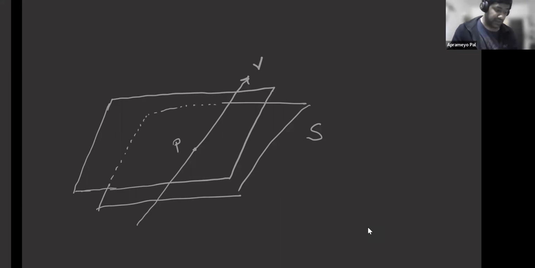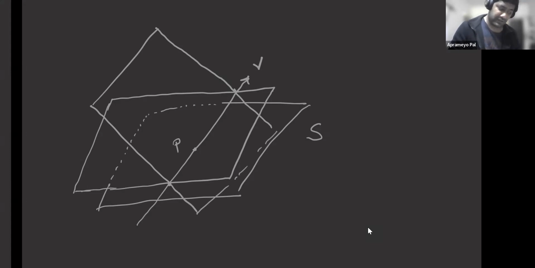And then finally you consider the plane through here and through here. It's like this, because that's how you will get the parallel plane. So that's big pi theta.